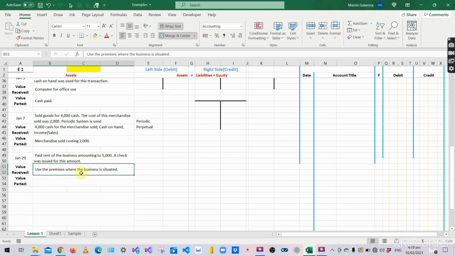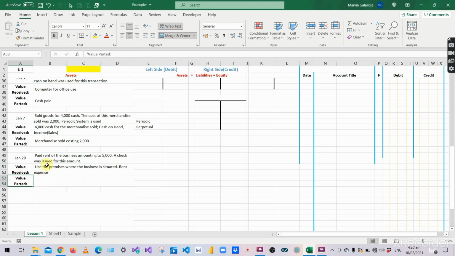In Tagalog, ang value received mo is yung paggamit ng premises para sa operation ng iyong business. This represents rent expense.